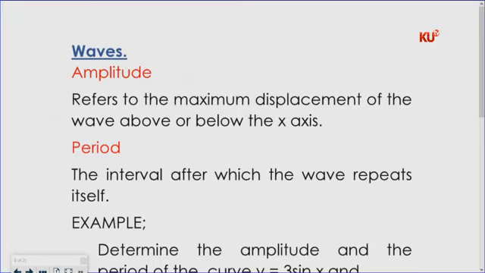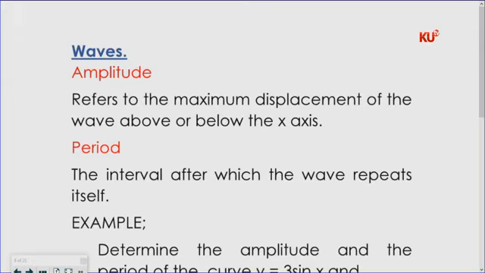So let's start with the amplitude. Though in math you can't be asked to define it, it's good for you to know what amplitude is, because once you know, you can apply that knowledge to getting the amplitude. You'll be asked to get the amplitude and the period. Amplitude refers to the maximum displacement of the wave above or below the x-axis.